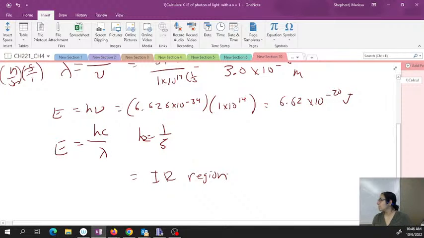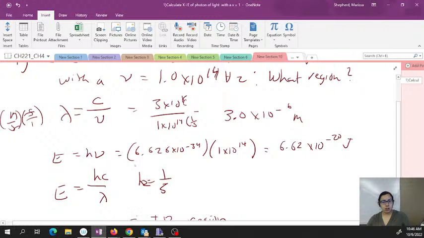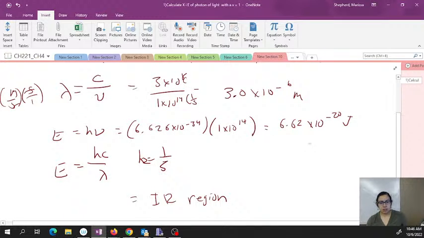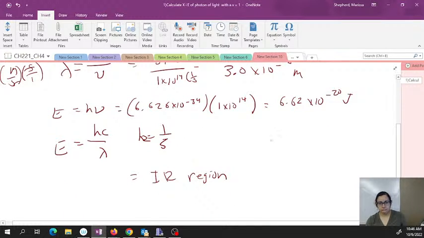Question? I'm just curious, what's the difference between the formula E equals h times nu and E equals hc over the wavelength? They're just the same, so you can derive them. You have E equals hc over wavelength, but c divided by wavelength is equal to frequency.